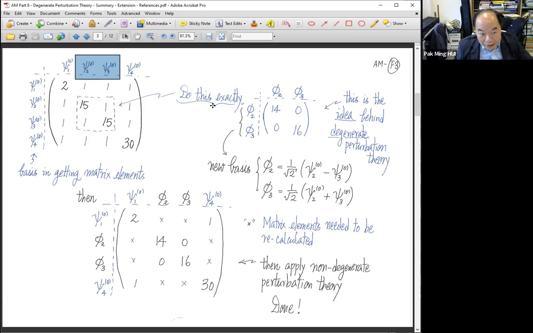When you diagonalize this part, the new eigenvectors are linear combinations of the old basis, a -1 and a +1, and the weightings in the linear combinations are equal. You know, the same coefficient in front of this state and that state.